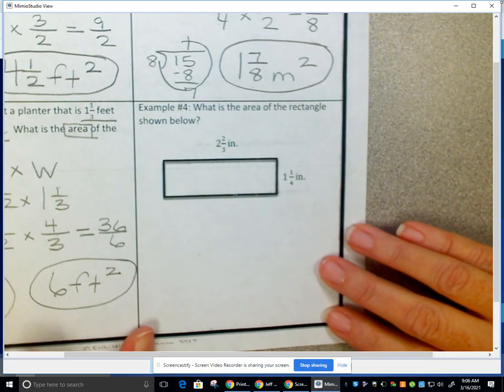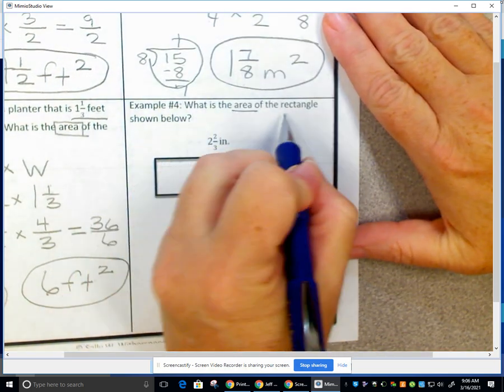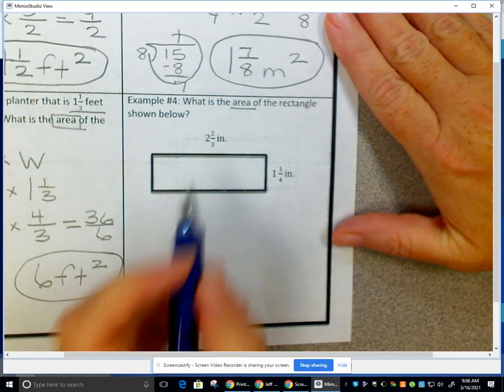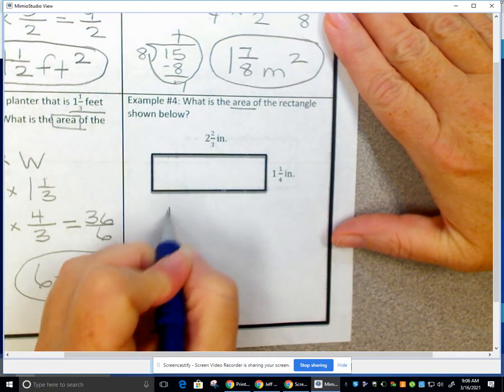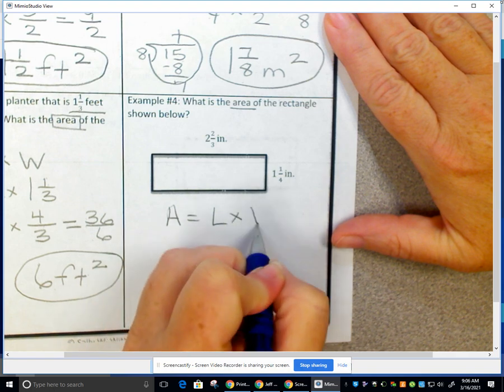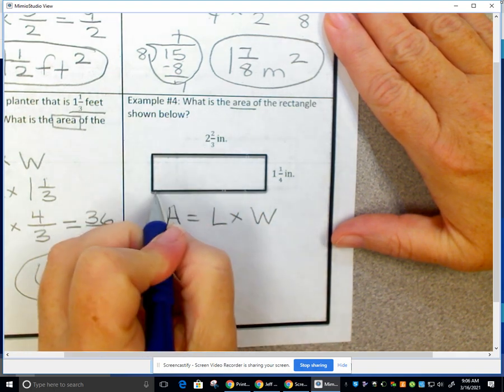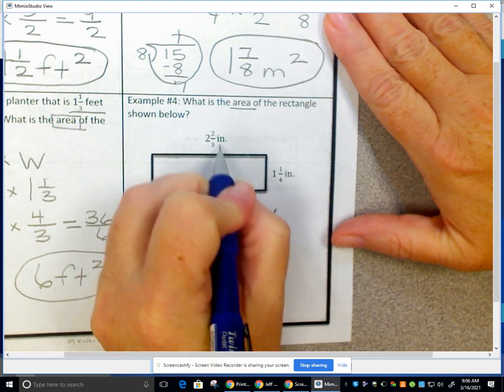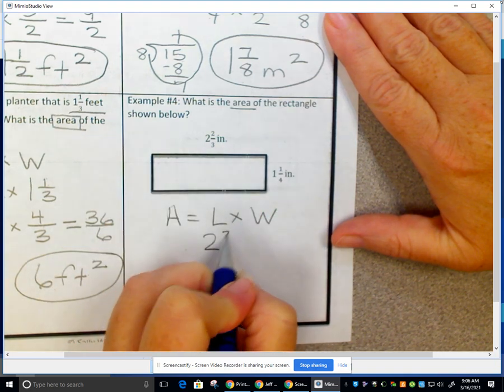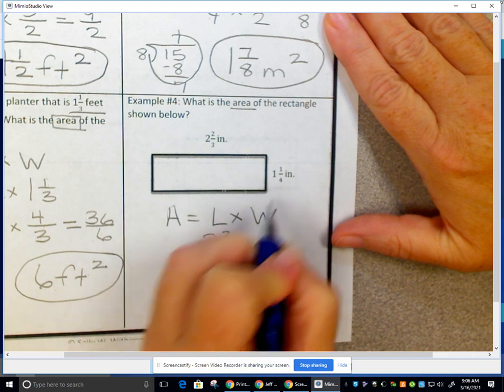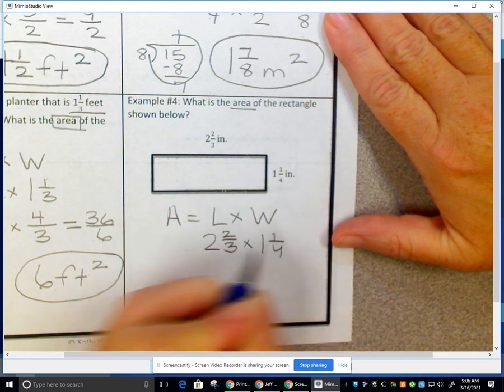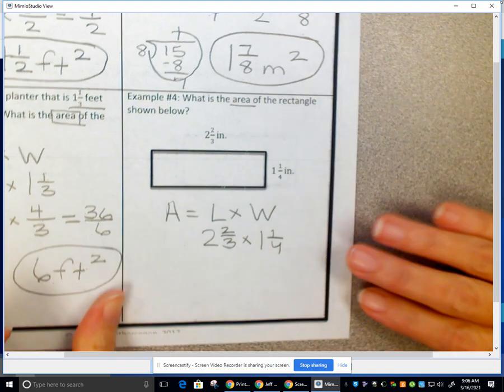Okay. What is the area of the rectangle? Area equals length times width. Length, I want my line across the front, so I'll use this one. 2 2/3 times 1 1/4. I want these to be just numerator and denominator.